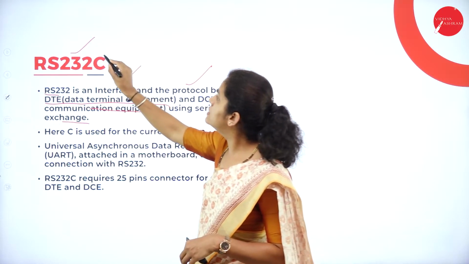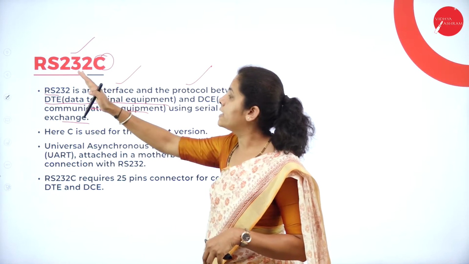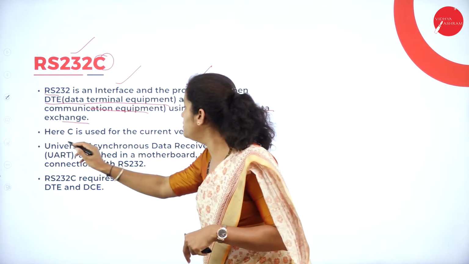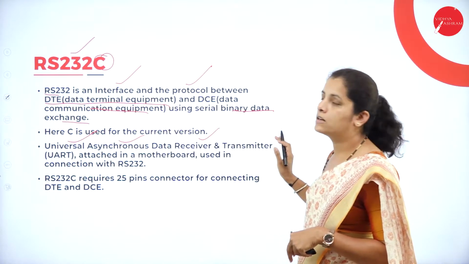Here this C represents the current version of RS232. It uses a universal asynchronous receiver and transmitter.